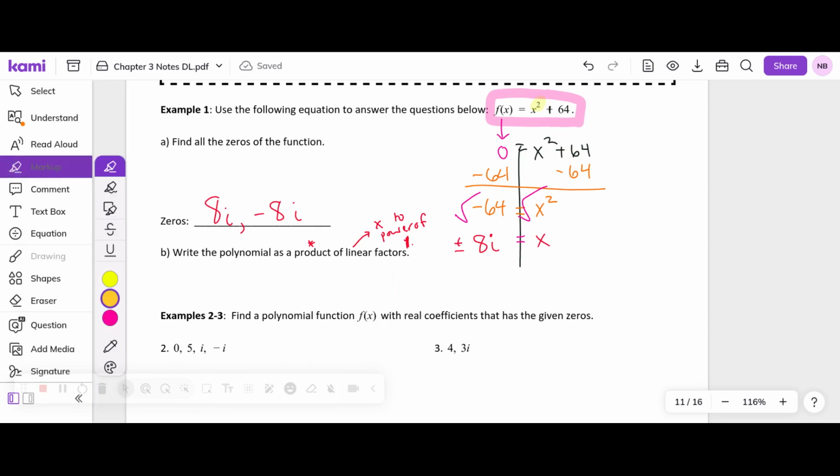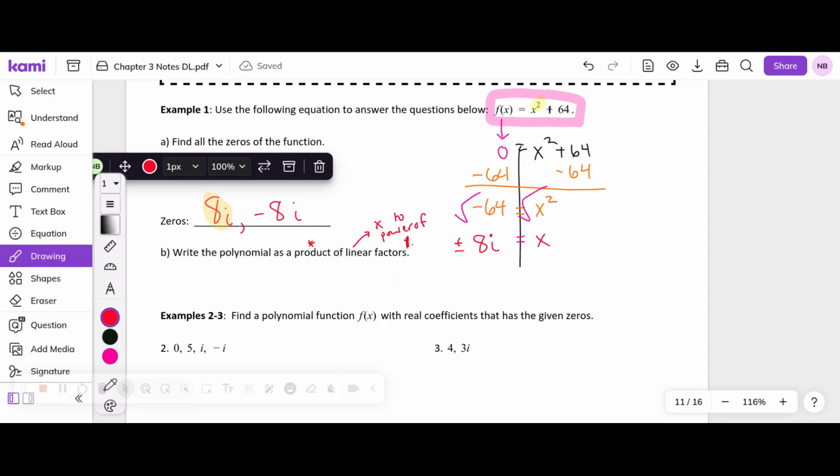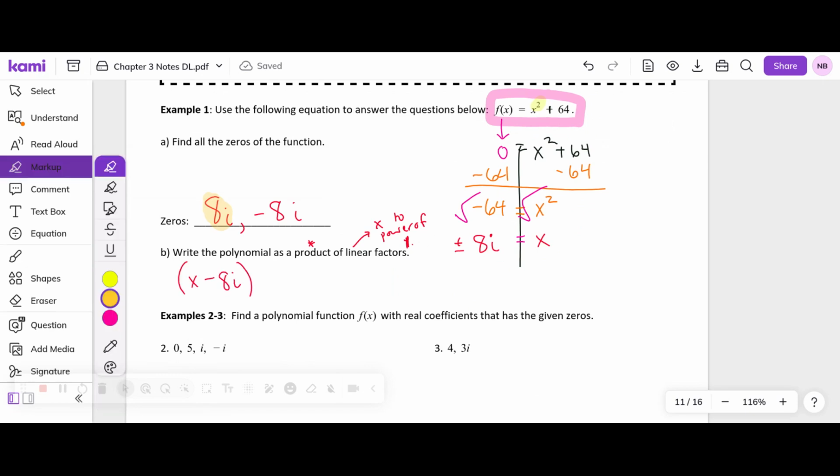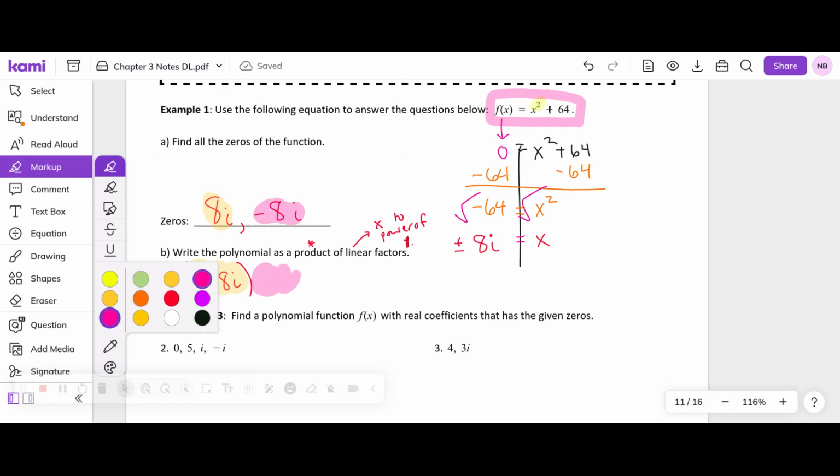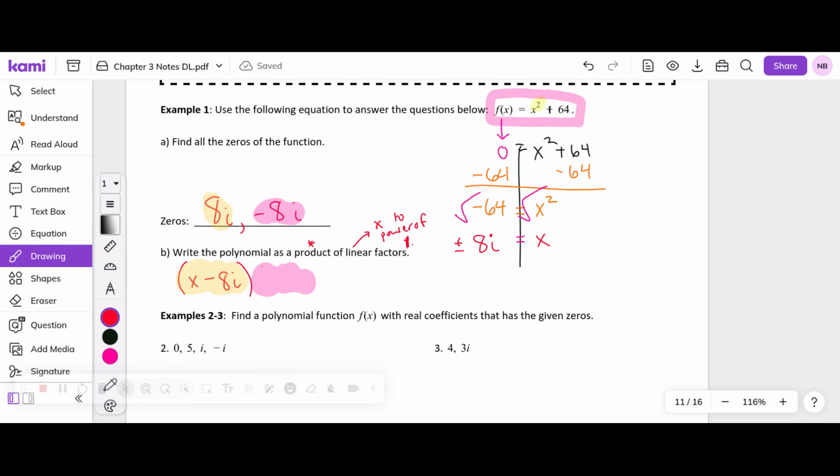So what we're going to do is we're going to take this and write out what factor it came from. So that one came from x minus 8i. Then we're going to take this one and write the factor that came from. And again, we're writing it as a product. So we're writing them being multiplied together. So this one would have come from x plus 8i.